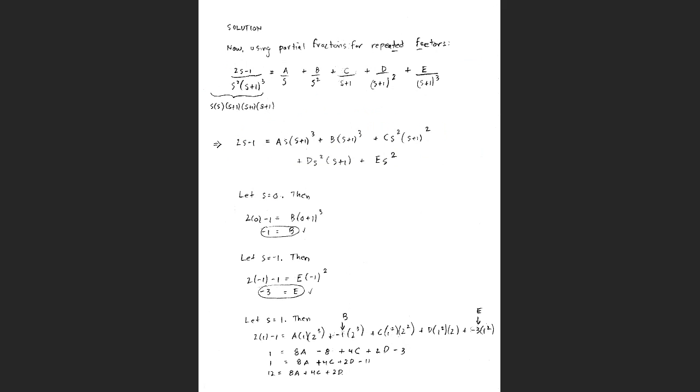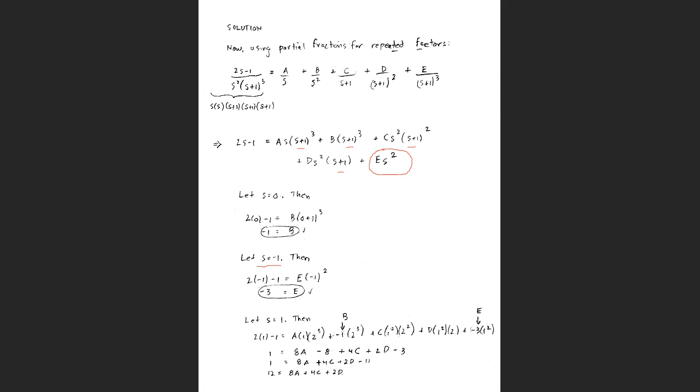Okay, let's pick another value of s that might be nice. We have a lot of s plus 1 factors here. What if we take s equal to -1? Then the only term left would be the last term, right?